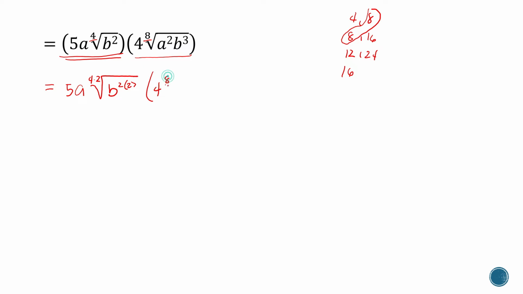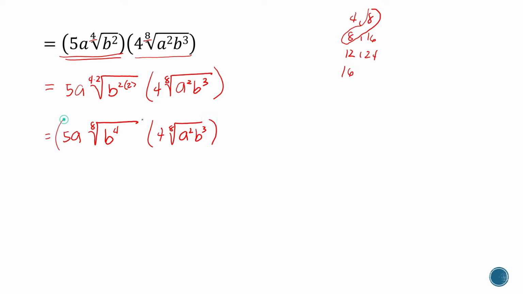Nothing will change here. So a raised to 2, b raised to 3. So this will be 5a, 8th root of b raised to 4, times 4, 8th root of a squared b raised to 3. All right.